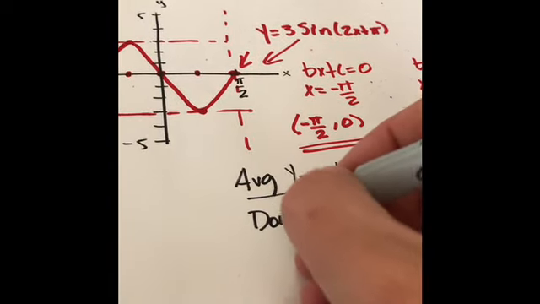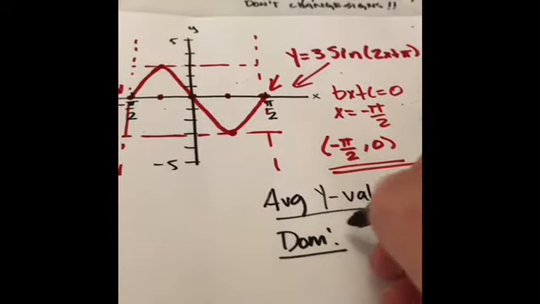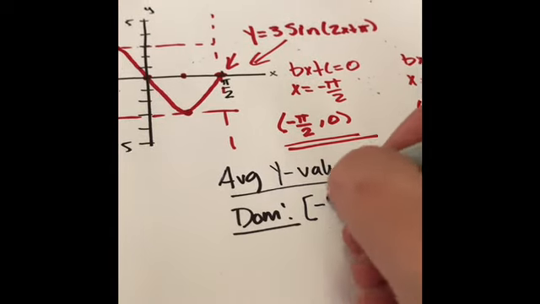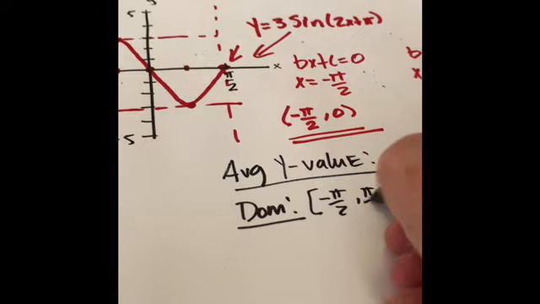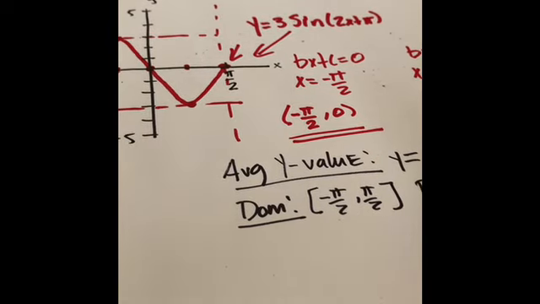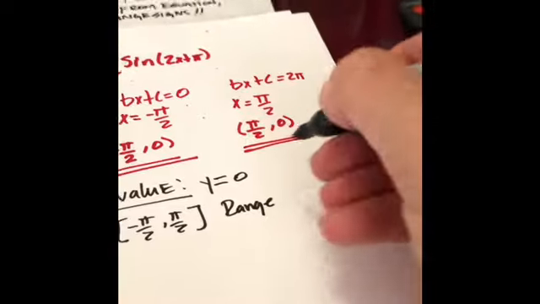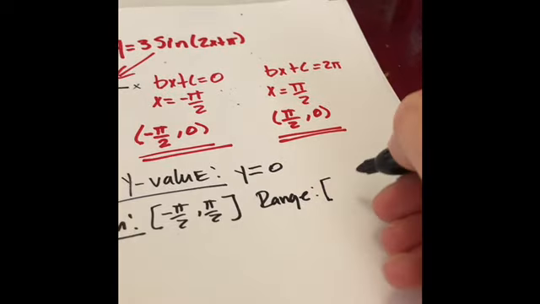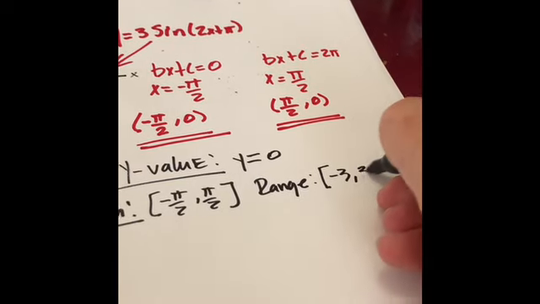The domain in one full cycle goes from negative pi over 2 to pi over 2, and the range, which is obtained from the maximums and the minimums, goes from negative 3 to positive 3.